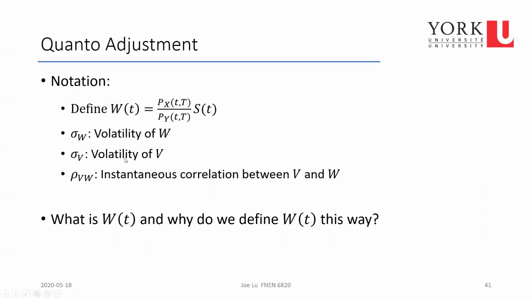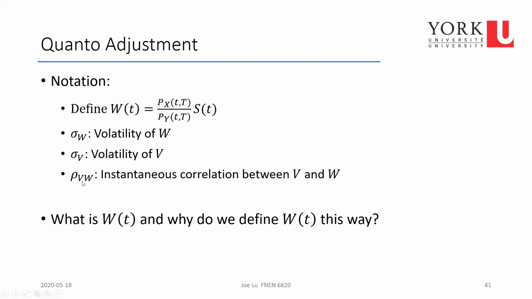And we have a volatility of V, whatever the index level that we're looking at. So maybe the S&P 500. It doesn't have to be an index, it's just some reference asset whose value is denominated in one currency, but you want to pay that particular number in a different currency.